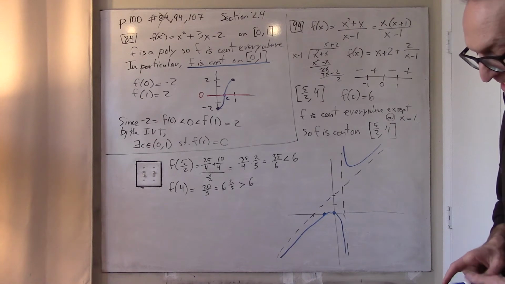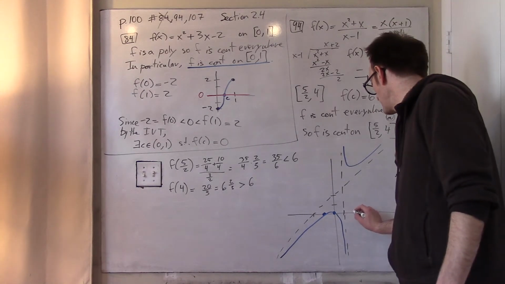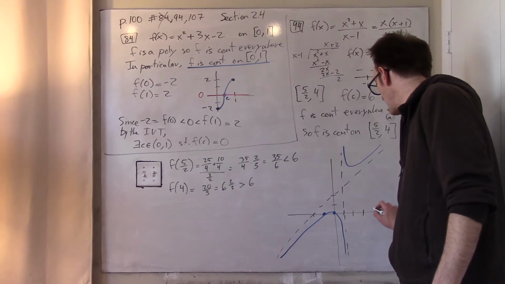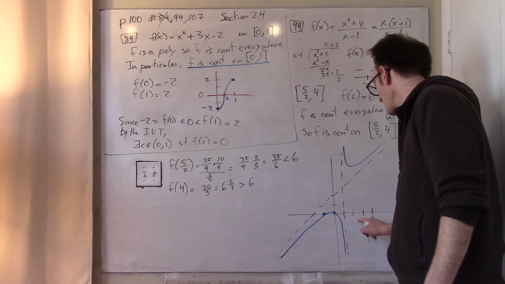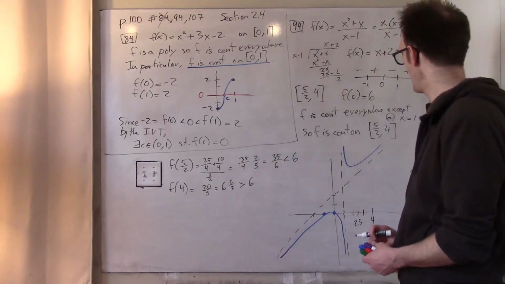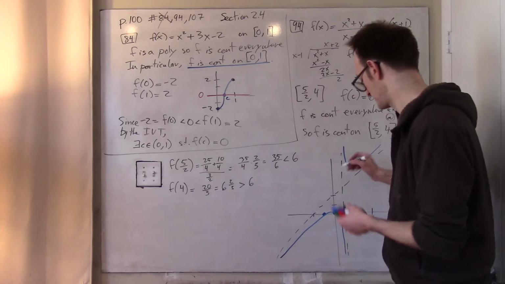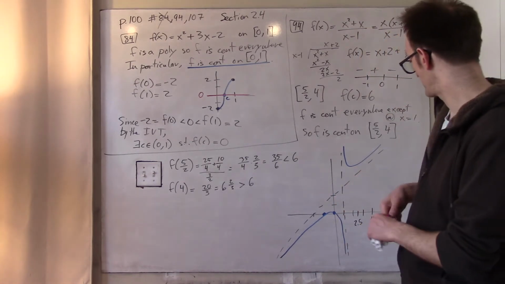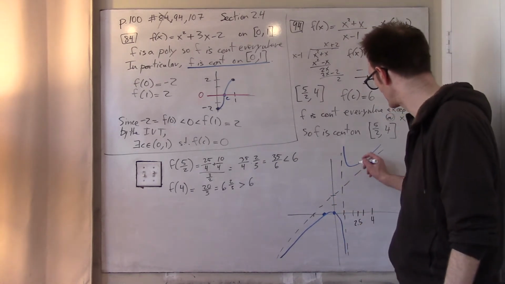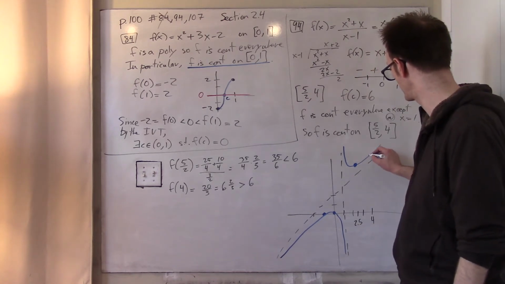But where all the action is happening, that's 1, that's 2, that's 3, that's 4. So if that's 2, here is 2.5. Here at 2.5 I have a certain y value, and here at 4 I have a certain y value.